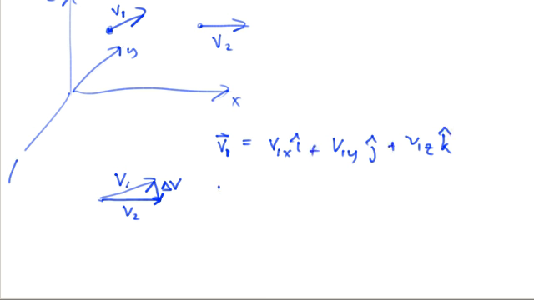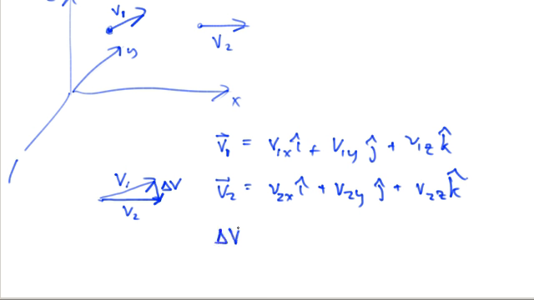And then same thing for v2. And I can say the change in the velocity, looking at this vector addition diagram, v2 is equal to v1 plus delta v.